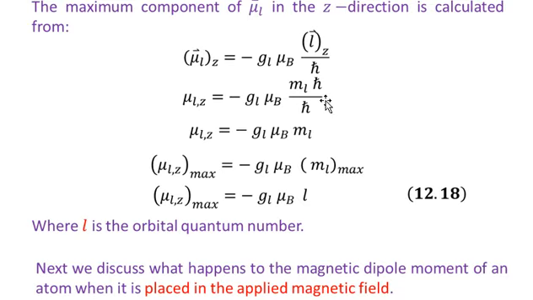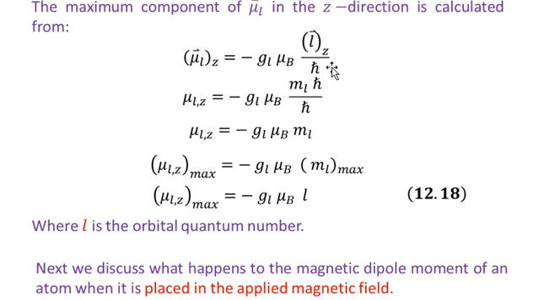In the earlier lectures, we discussed that Lz has a value equal to ml into h bar, where ml was defined as the orbital magnetic quantum number of the electron. So ml, the orbital magnetic quantum number, multiplied by h bar is the value of Lz.